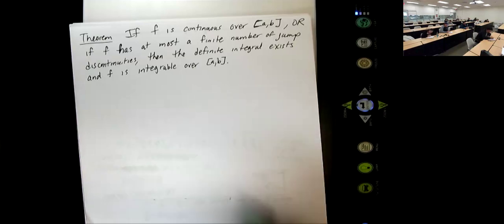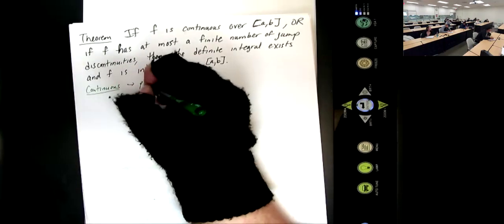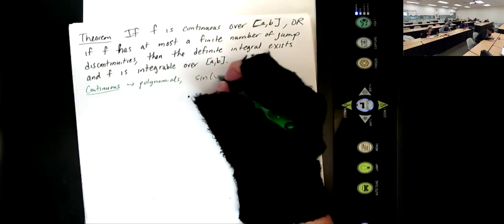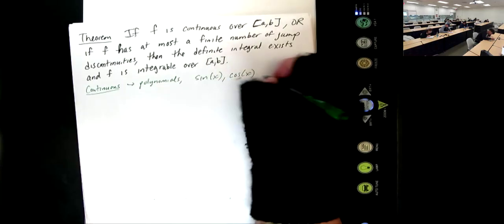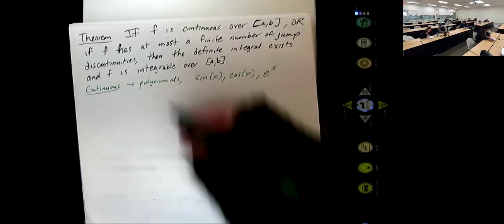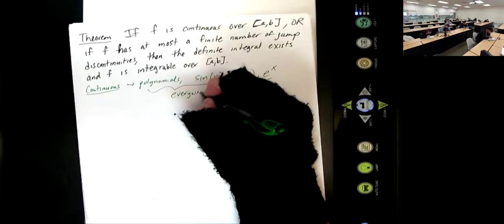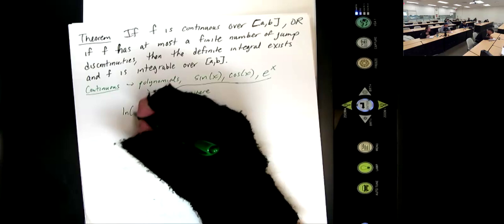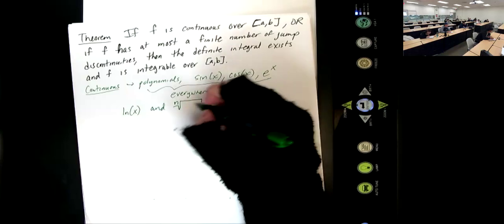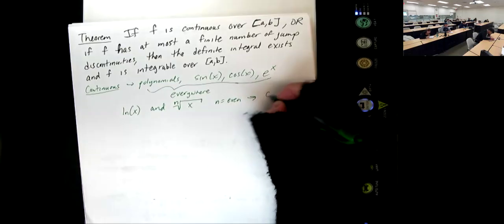So continuous functions are polynomials, sine and cosine, e to the x. In fact, these are continuous everywhere. Natural log of x and an even root of x are continuous on their domain.